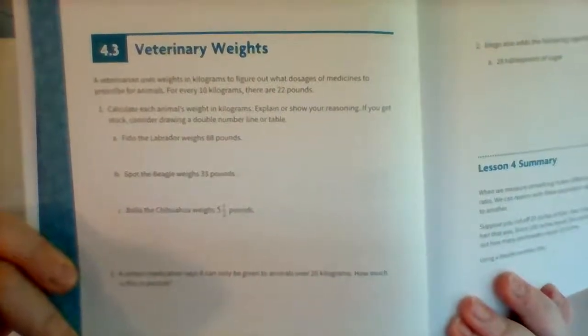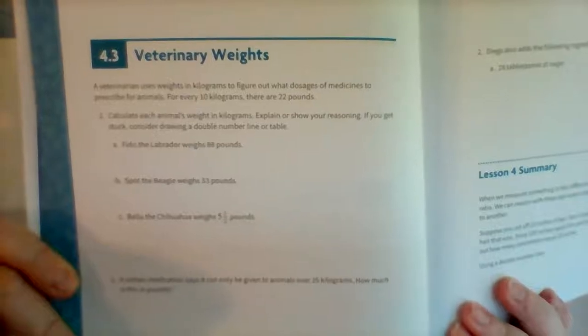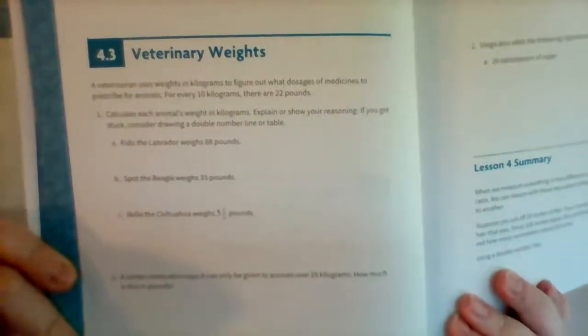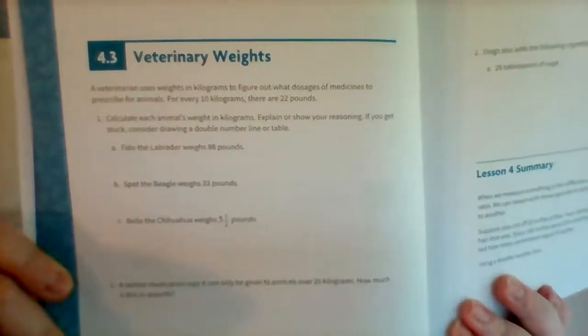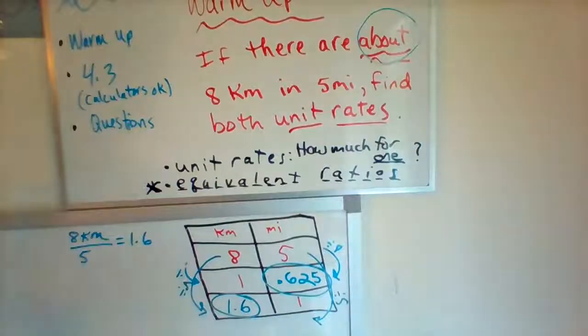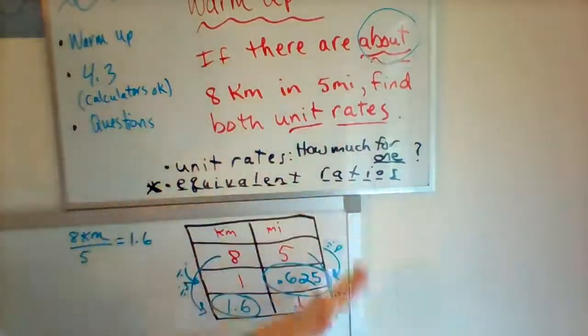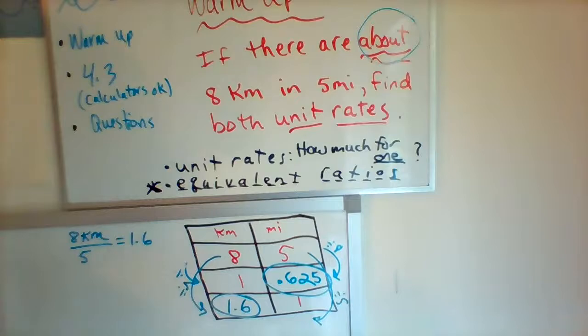It is from Lesson 4, Activity 3. And I believe that based on what you did here and what you did last week, you guys are ready. So please do your best and think about a model and how you're going to, number 1, calculate each animal's weight.